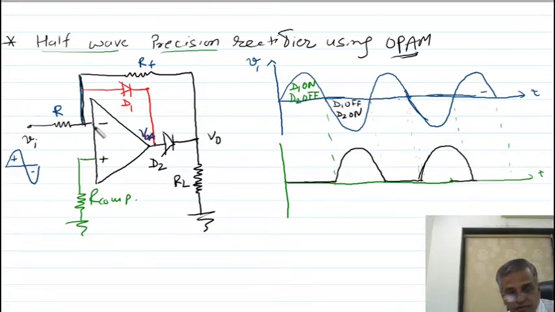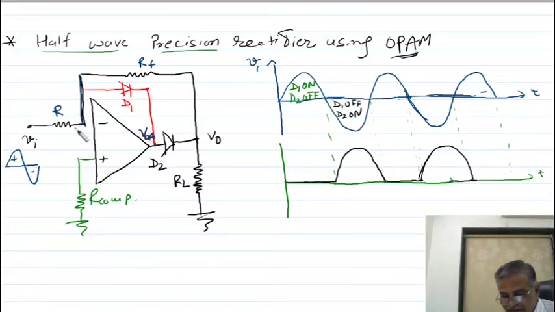Why? The reason is that when the input signal makes a transition from plus to minus through 0, the voltage changes from minus 0.6 to plus 0.6. So, the state of the diode will change from off to on. So, the switching speed of the op-amp should be very large. As a result, a large value of slew rate is required.